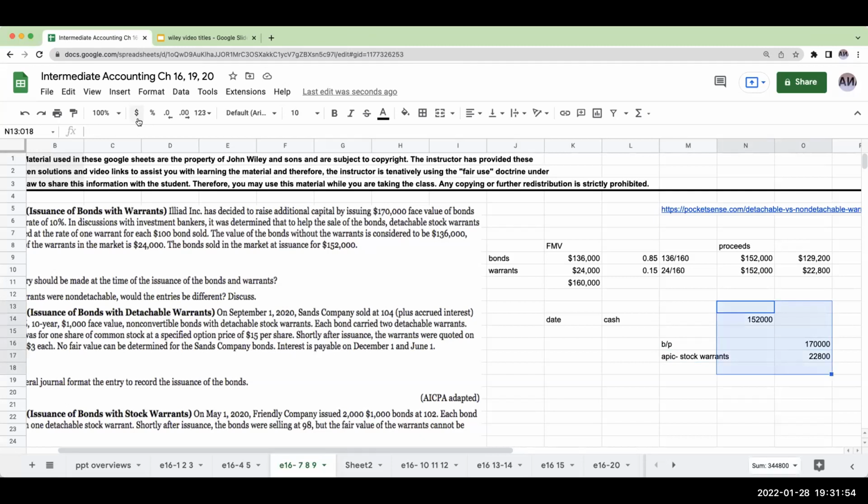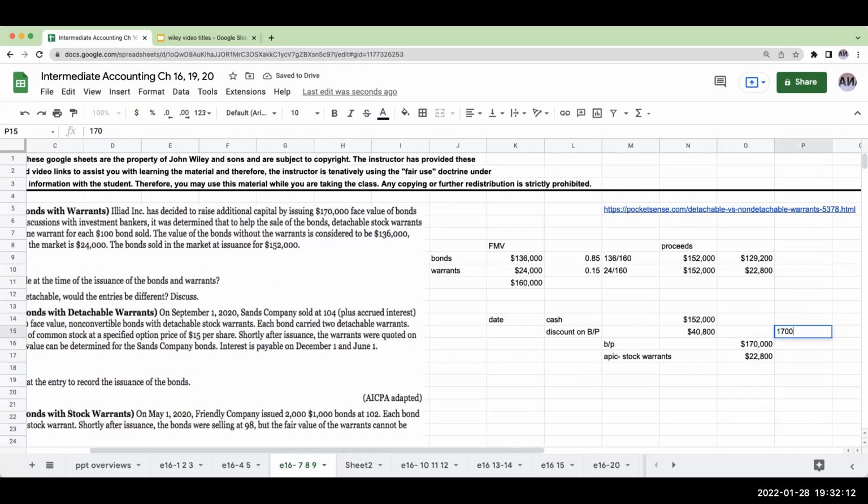And then we get into the discount on bonds payable. The discount on bonds payable is going to be 170,000, which is the face value, minus the amount we're assigning to it. So this is 170,000 minus 40,800.